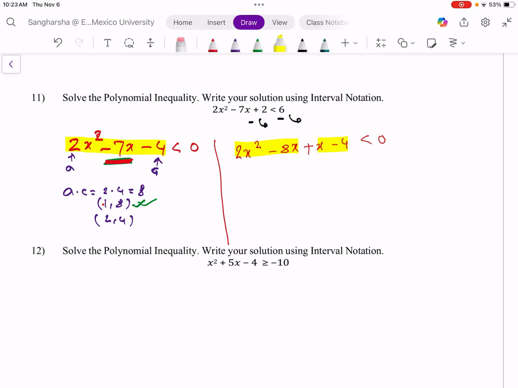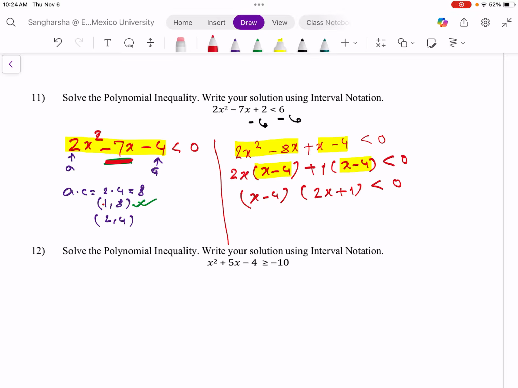In the first two terms, we have 2x as a common factor, and we have x minus 4. In the last two terms, we have 1 as a common factor, x minus 4 as it is, less than 0 as it is. x minus 4 is common. Let's factor it out: x minus 4, 2x plus 1. So this is our next step, factorizing the non-zero side.